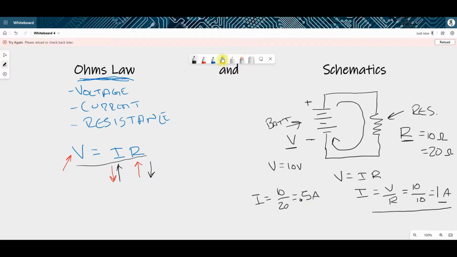So notice when I increased my resistance, my current decreased. Now, why is this important? This is important because very rarely do you have a circuit just like this.